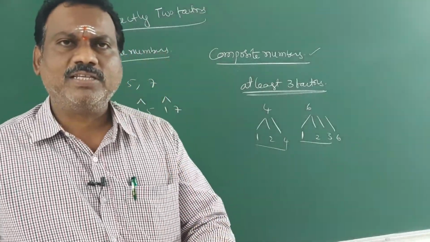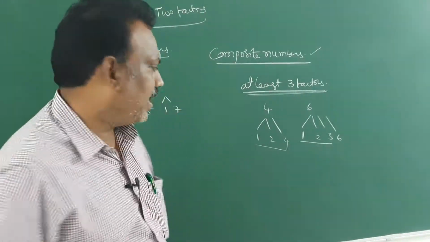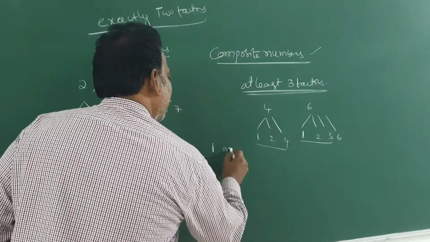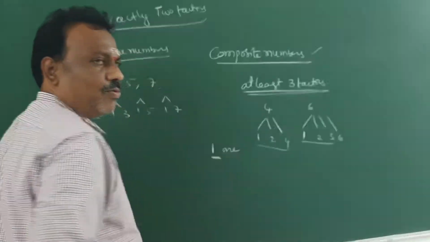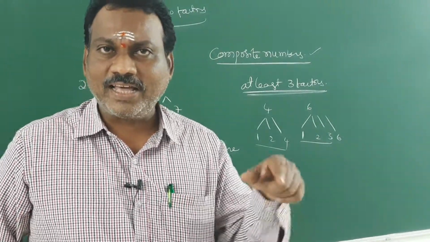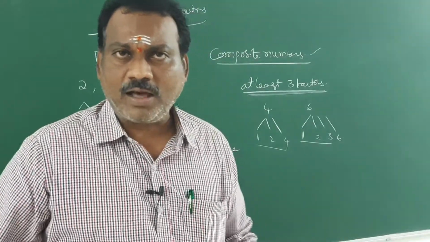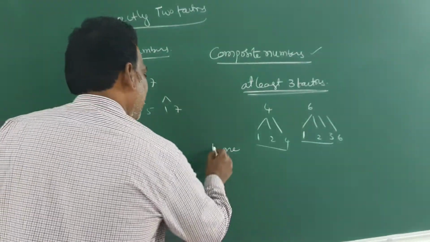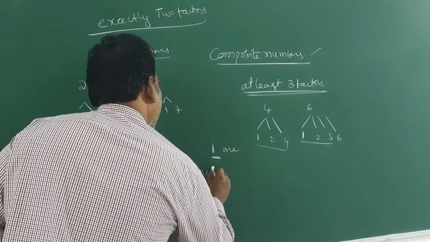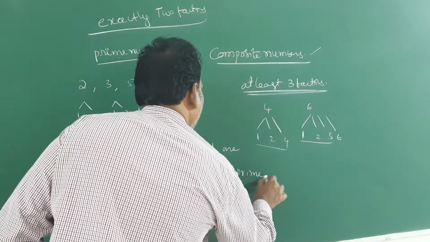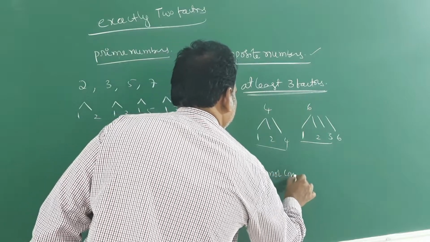Now, in the number system, we have one more number, that is 1. It has only one factor, that is 1. It is neither two factors nor at least three factors. That's why we call it neither prime nor composite.